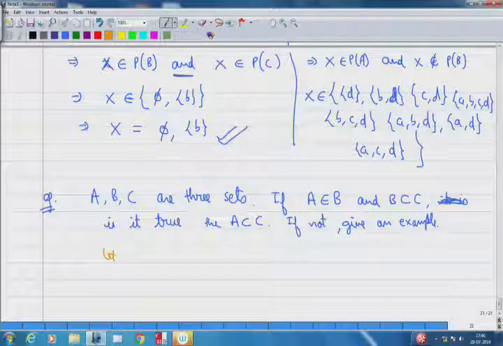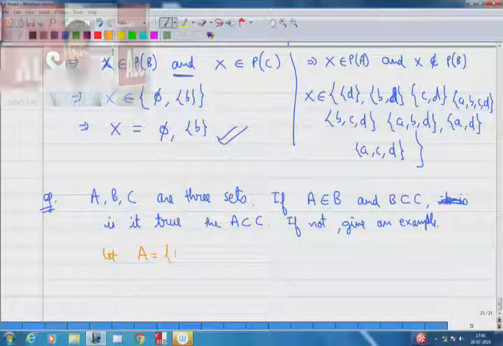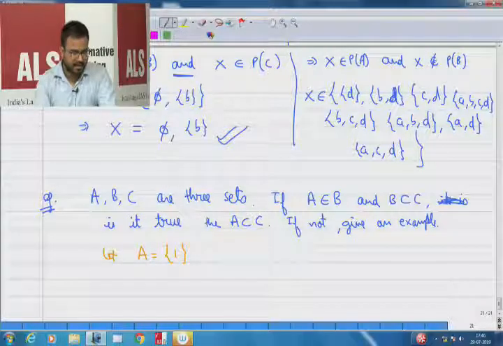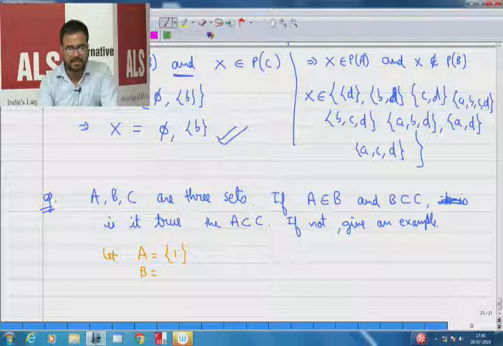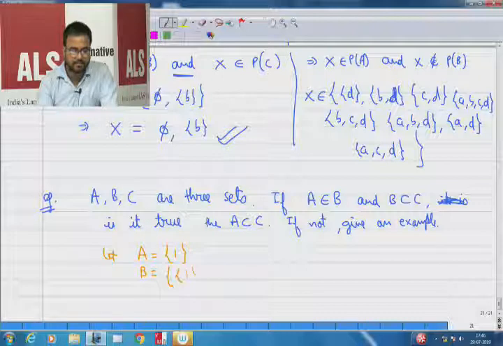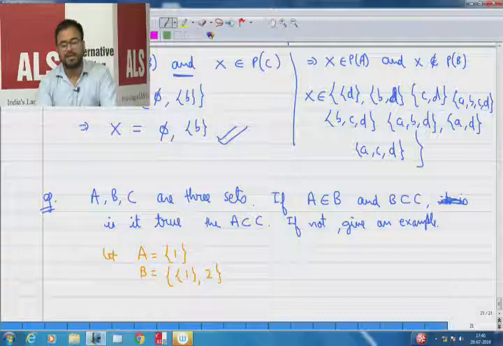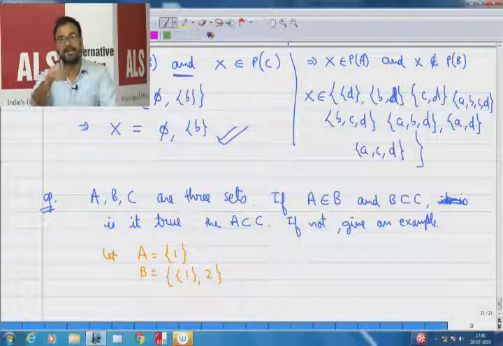Let A is equal to 1. A is a set having 1, and since it says that A is an element of B, this complete thing should be in the B like this. I'll take B2 also. So A is an element of B, because directly that thing is written over there.